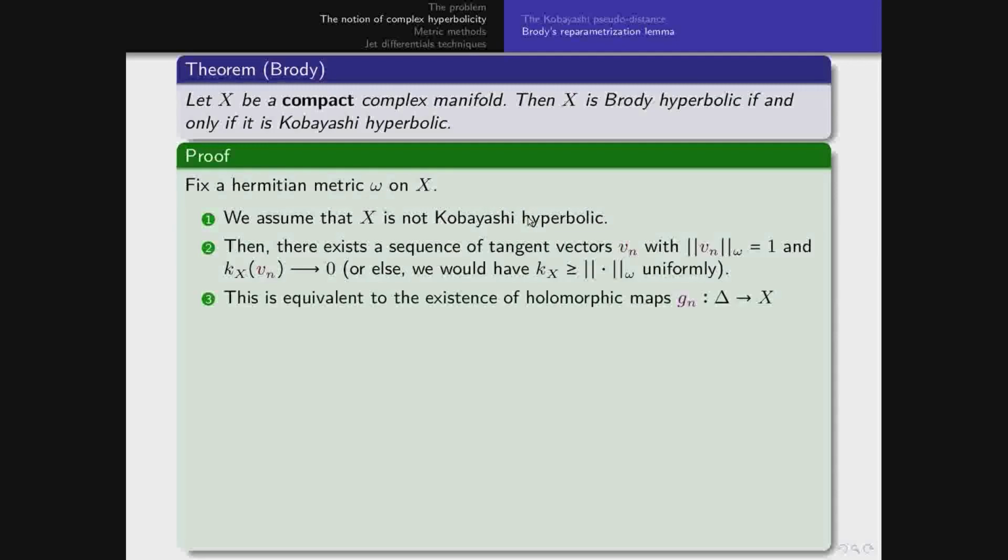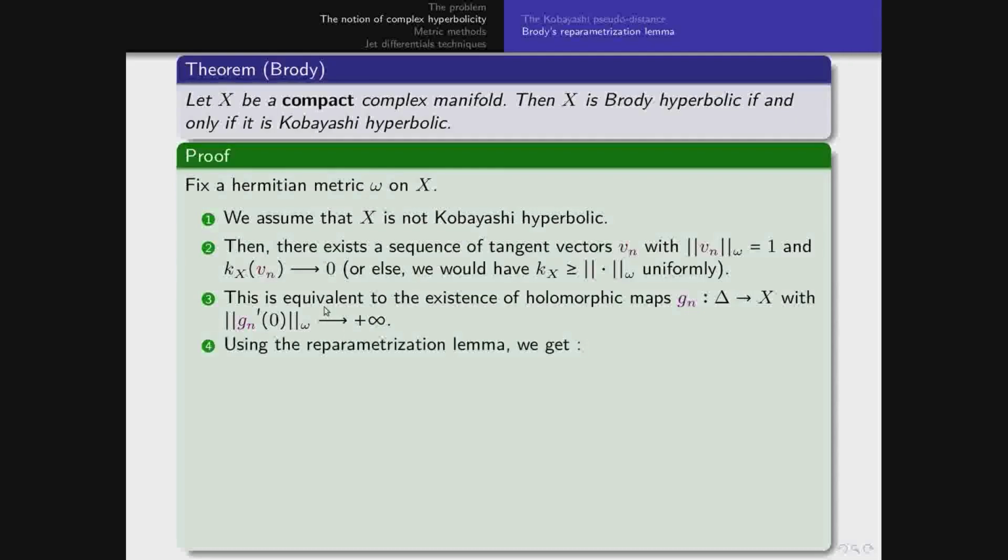Okay, and now if you recall the definition of k_X, this point 2 here is equivalent to the existence of holomorphic maps g_n starting from the disk and going to X, such that the derivative of g_n at 0 has a norm which tends to infinity.